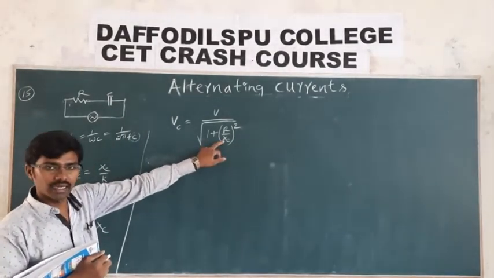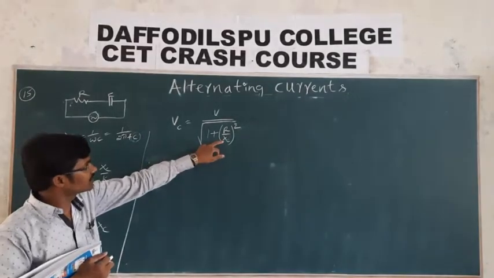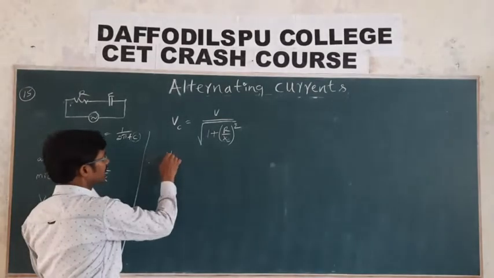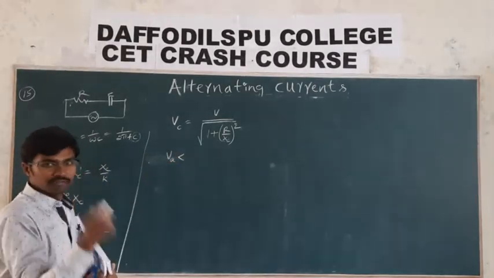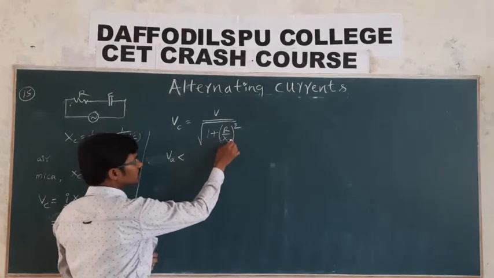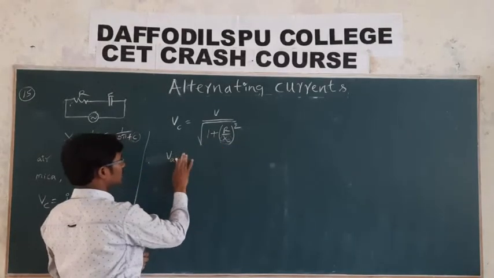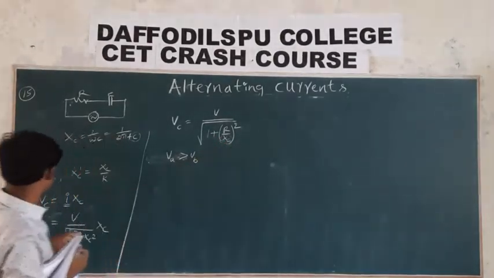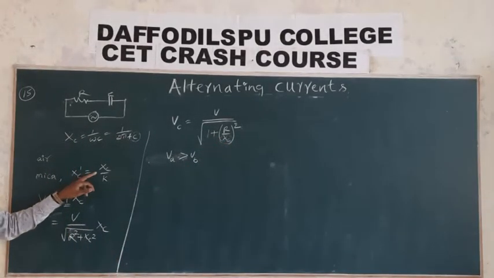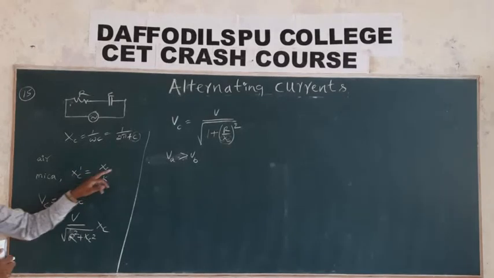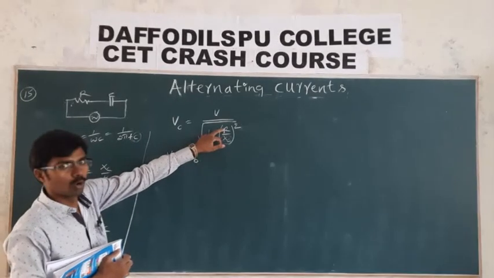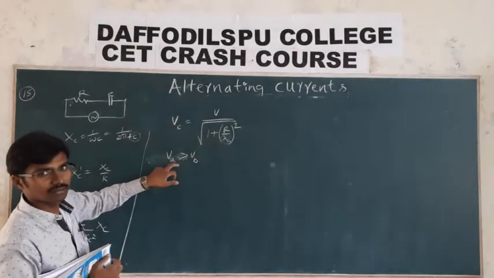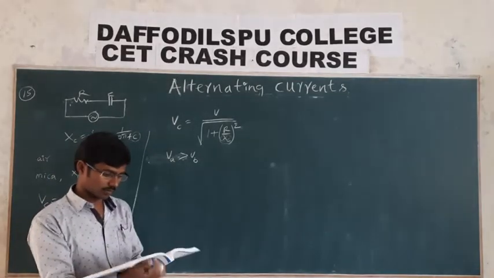So R by Xc is more, and this total value is more, then VA is less than V. Because with mica the capacitive reactance is less, this value R by Xc is more, and this total value is more, which means Vc is less. Therefore VB is less than V, which is the third option.